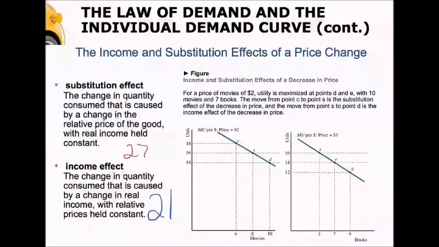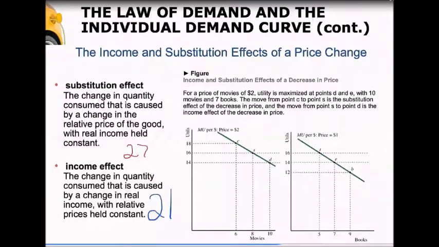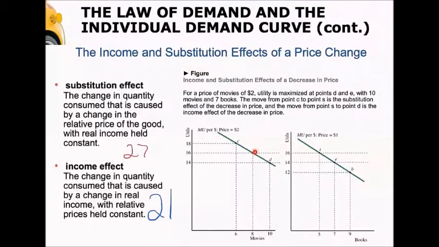So even if our income didn't change, and here we're doing our thought experiment, so we lower our budget from $27 down to $21, we would change from consuming 6 movies and 9 books to consuming 8 movies and 5 books at points S and T, and our marginal utility per dollar for each good would be 16 utils per dollar. That's the substitution effect.